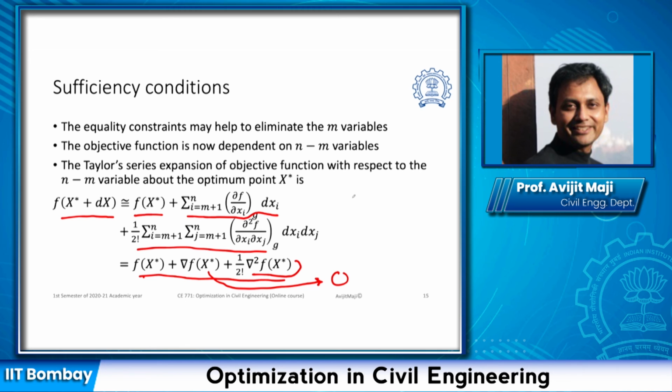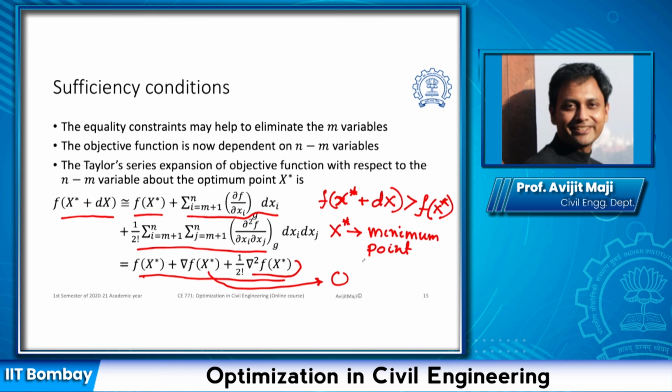So if we can write this as, if this is greater than f(x), then we know that x star represents the minimum point.